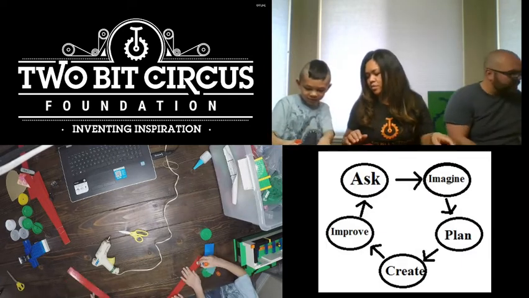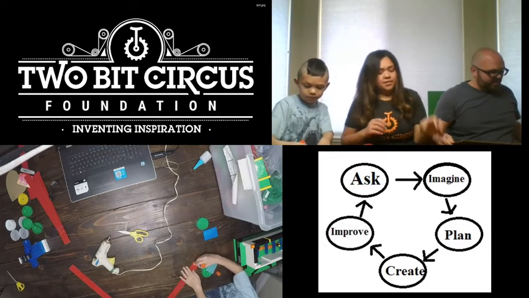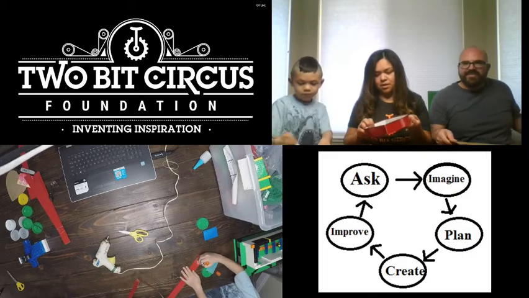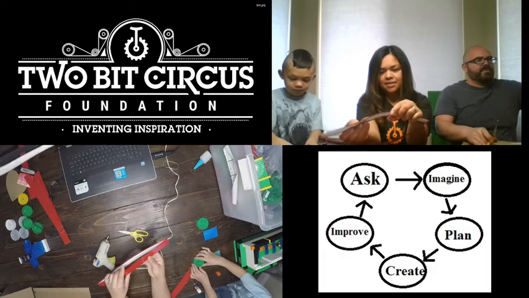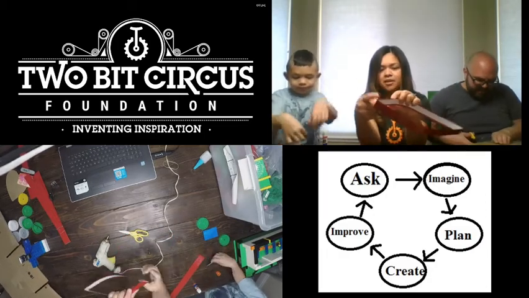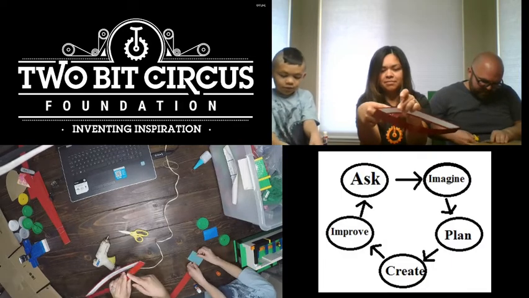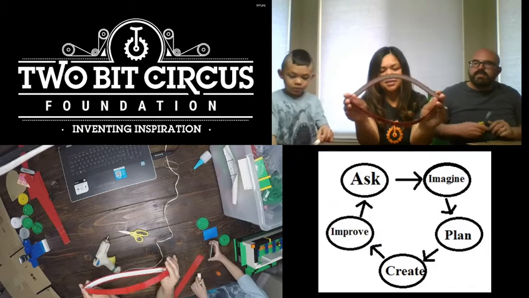Okay, so that's what we're doing. Alright, so what I'm going to do is I'm going to make an adjustable headband. I'm only using this because it's a little bit sturdy. I'm going to be cutting in different intervals to make it adjustable so that anybody could use this.